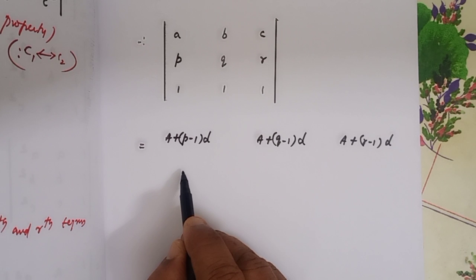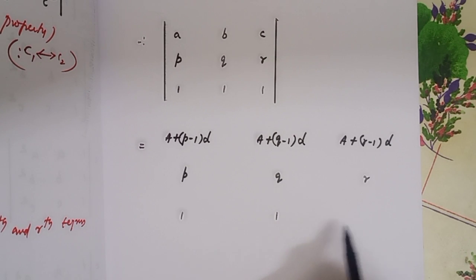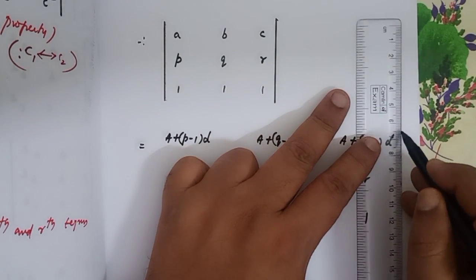Write the second row as it is, p, q, r, and the third row as it is, 1, 1, 1.